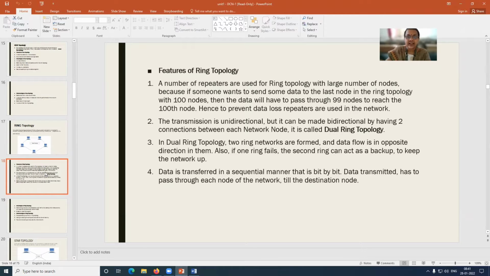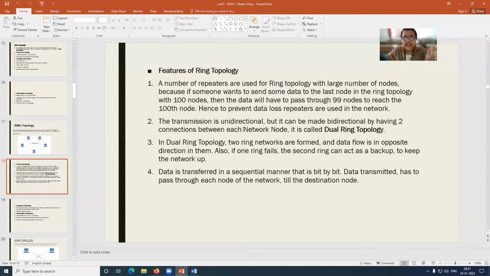If it reaches the last one, there may be a chance of data loss or bandwidth loss, so the signal will weaken. So in between we want boosters or repeaters. The first feature of ring topology is that if we want to send data to a long-distance node, there is a chance of data loss, so we use repeaters between the nodes.